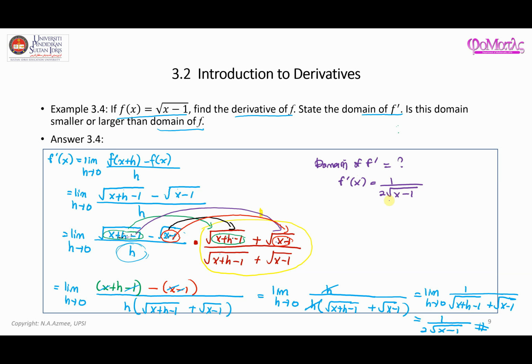So therefore, we know that the square root of x minus 1 cannot be equal to 0, that's for sure. And we also know that x minus 1, the inside of this square root sign here, must be something that is not negative, or else you cannot obtain the square root of a negative value, right?